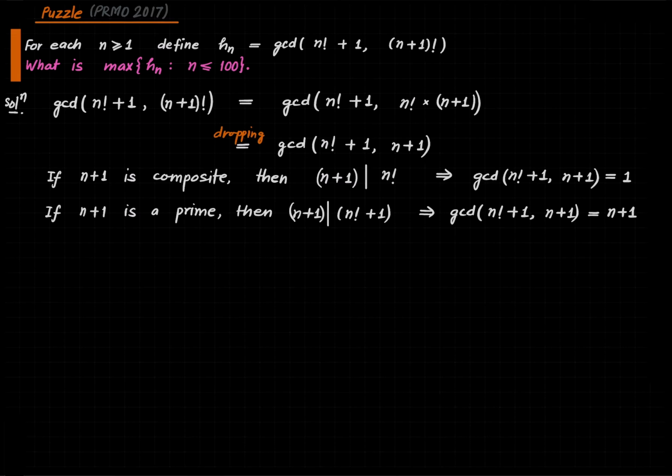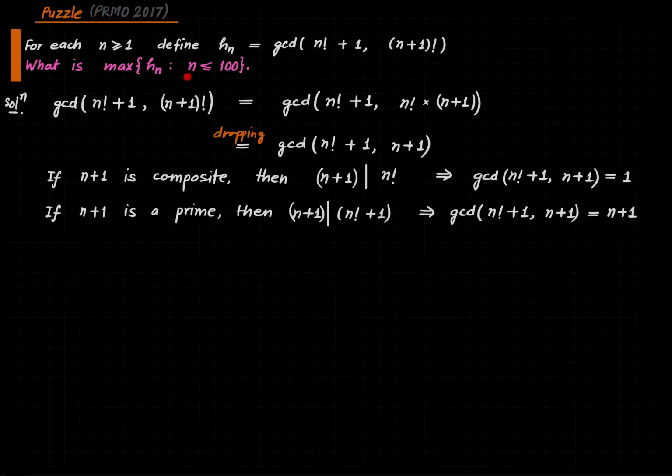And now it's clear how to maximize this guy. Just choose the largest possible n in this range such that n plus 1 is a prime. That will give you the maximum possible value.